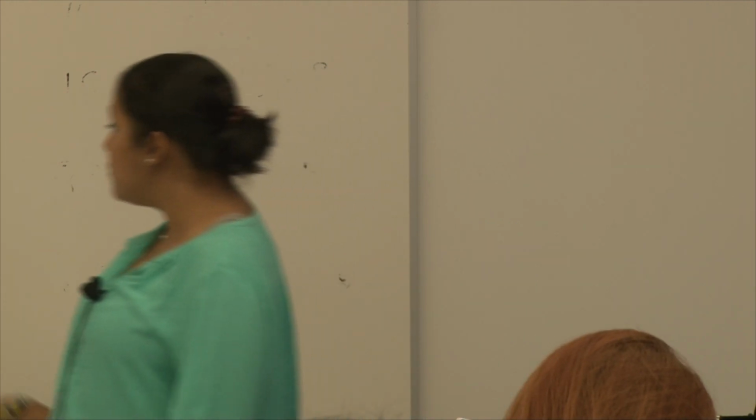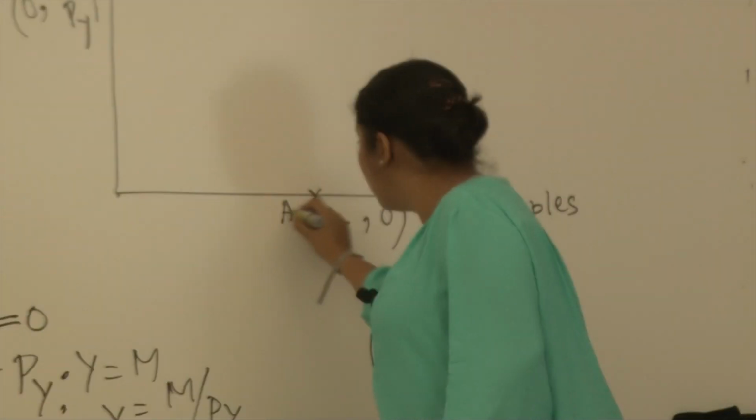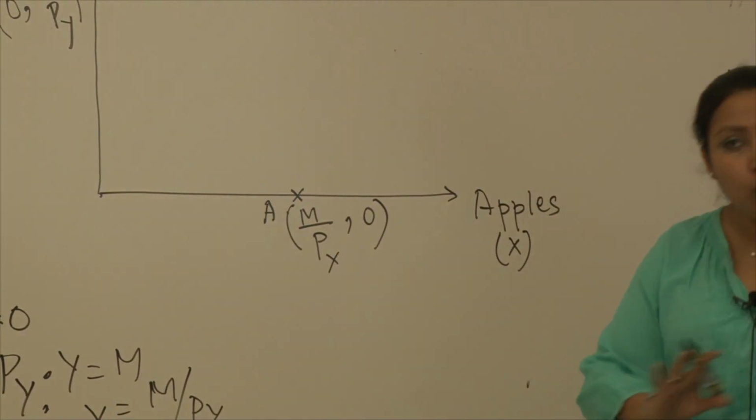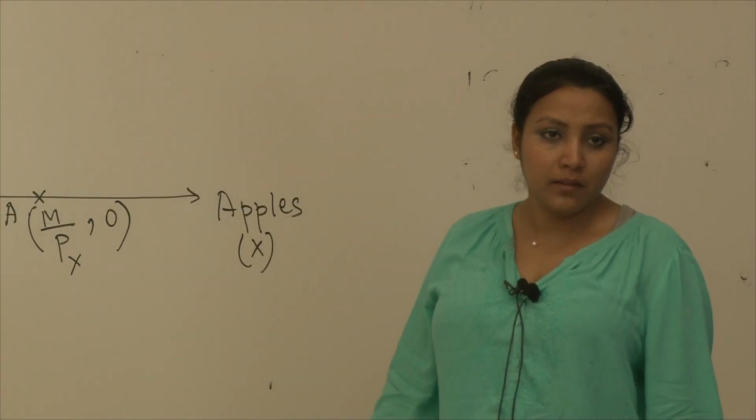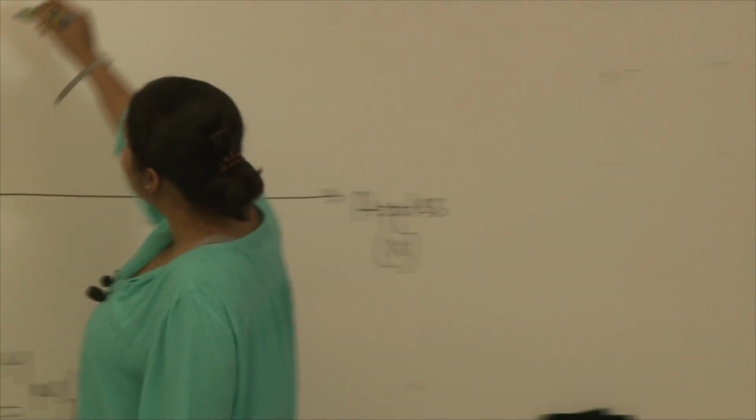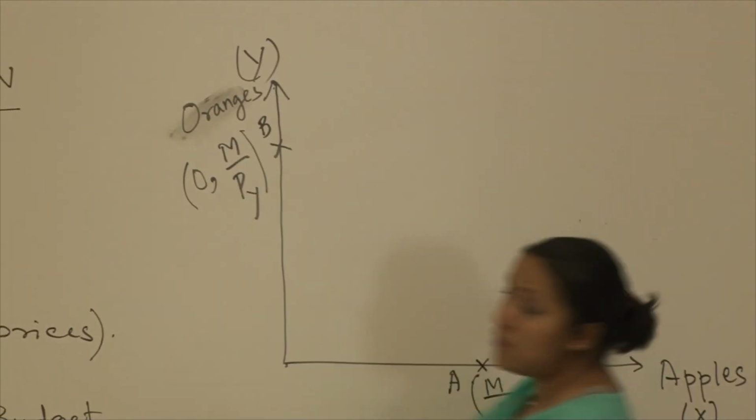Now, I am putting in another restriction and saying that these $5,000 you have to spend on just 2 goods or services, and those 2 goods are x and y, apples and oranges, right. So, you can have 2 extreme situations. The first extreme situation is point A, where you only spend on apples, and the other extreme situation is point B, where you only spend on oranges.